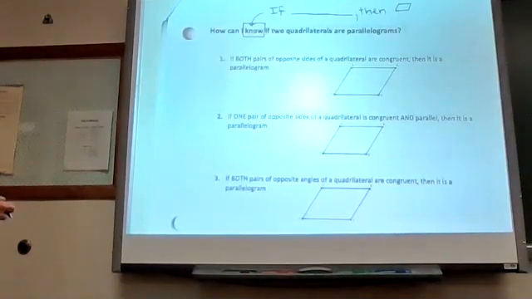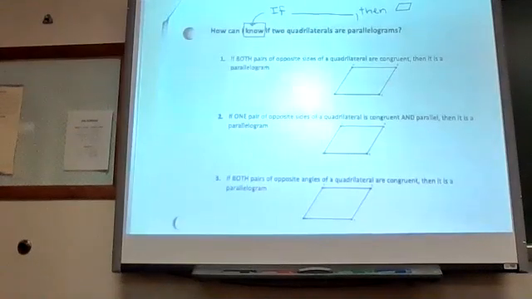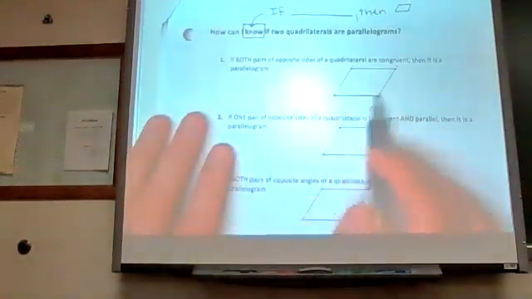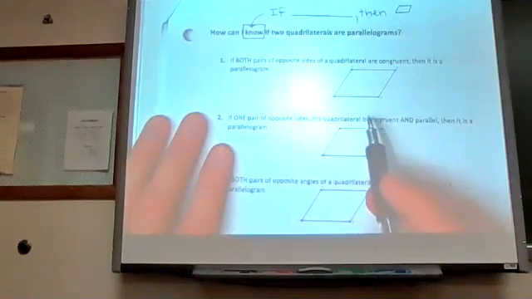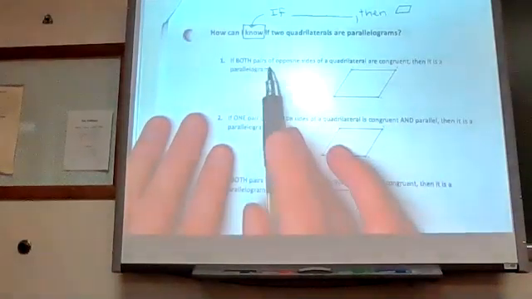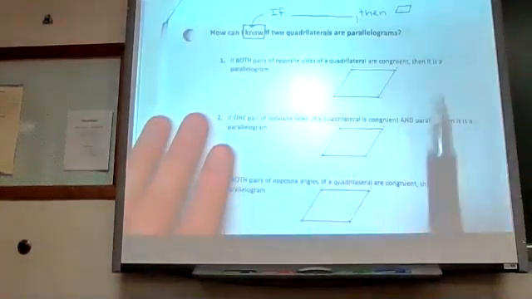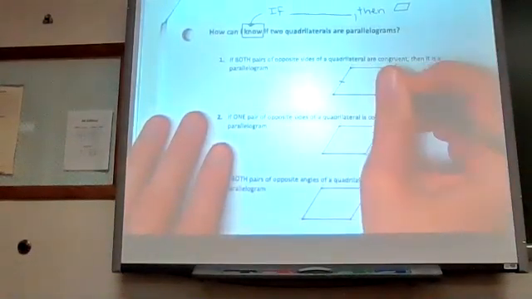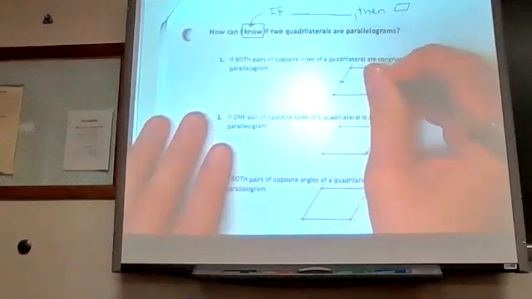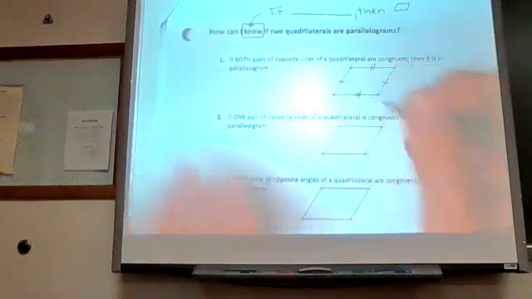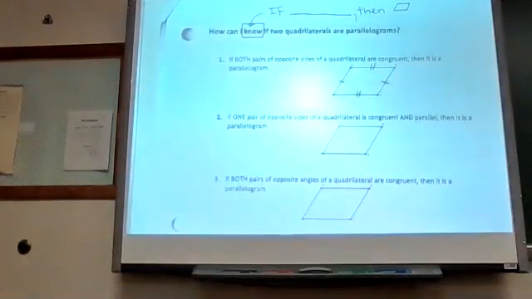So one way that we could know that our quadrilateral is a parallelogram is that both pairs of the opposite sides are congruent, then it's a parallelogram. So if I knew that these sides were the same, and I knew that the other opposite side pair were the same, that's enough to say it fits the parallelogram and it has all the parallelogram properties as well.